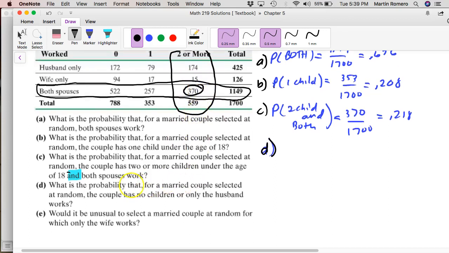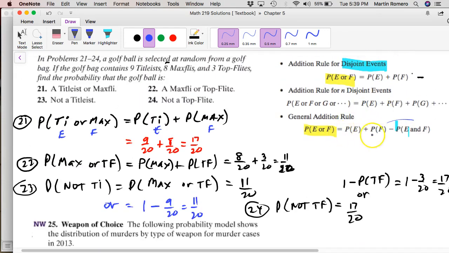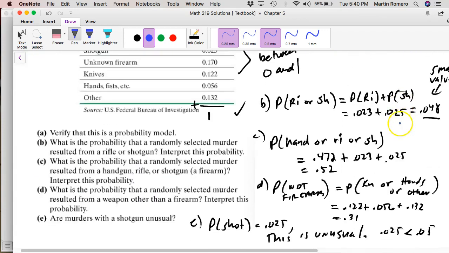Part D, what is the probability for a married couple selected at random that the couple has no children or the husband only works? So that's an or situation, and in this case we're going to have to apply this formula here because the and has some value.